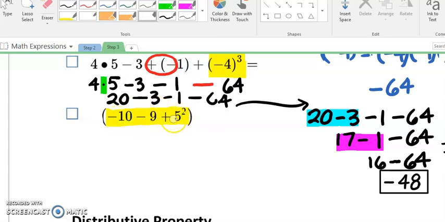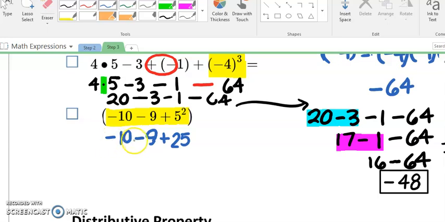Looking just at these parentheses, I need to focus on the exponents first. 5 squared. 5 squared is 25. And I bring down the positive. I rewrite the 9, the negative, the 10, and the negative. Negative 10, take away 9, add 25.